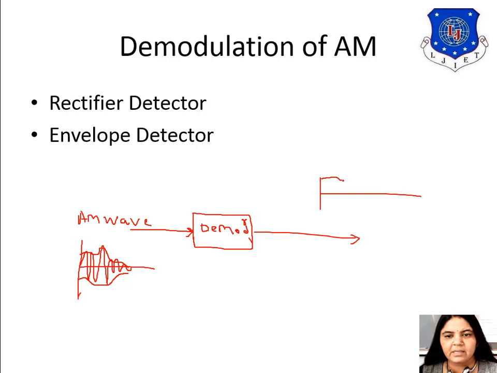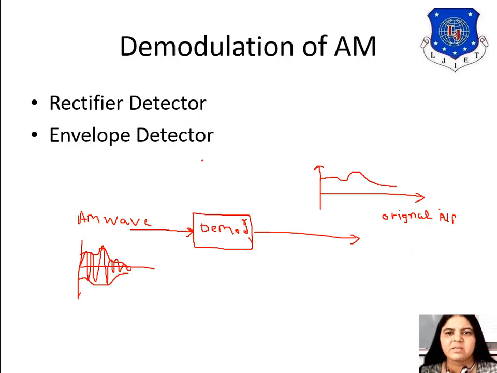What we want at the output is the original signal back. So demodulation is the process in which, from the AM wave, we get the original input signal or original message signal. This way, demodulation gives us the original message signal back.